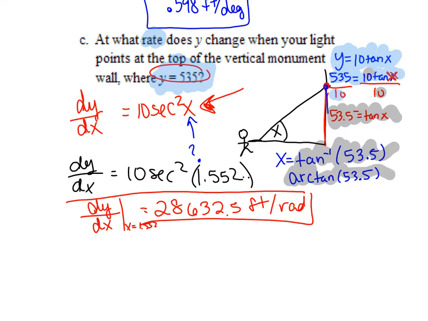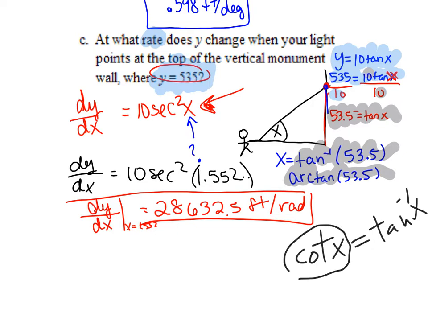Not the same thing as cotangent. So there's a little bit of misconception. Some people think that the cotangent is the same thing as this guy right here. It is not. This right here is just the multiplicative inverse, where this right here would be the function inverse.